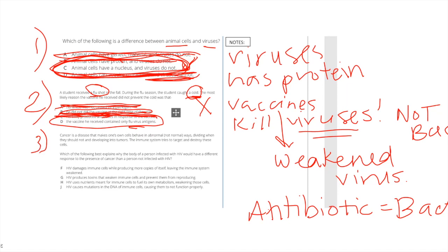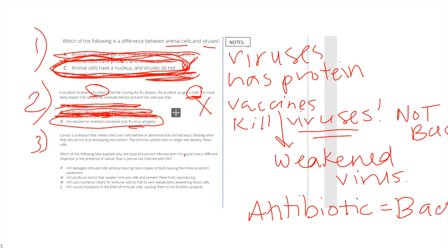Okay, number 3. Cancer is a disease that makes one's own cells behave in abnormal ways, dividing when they should not, and developing into tumors. The immune system tries to target and destroy these cells. Which of the following best explains why the body of a person infected with HIV would have a different response to the presence of cancer?